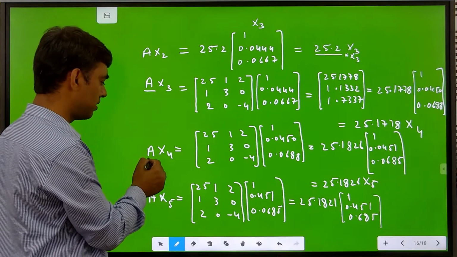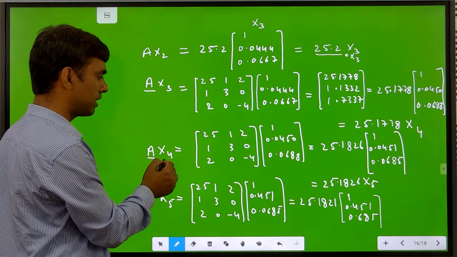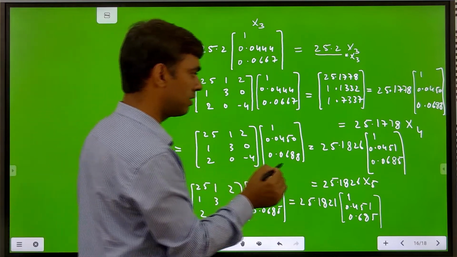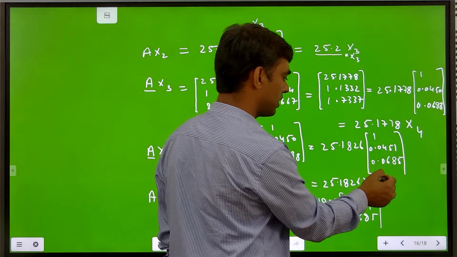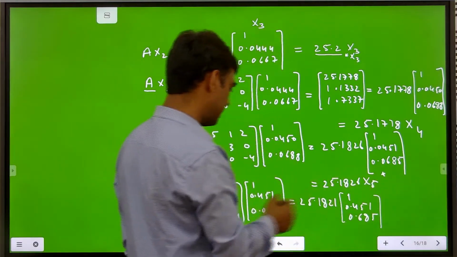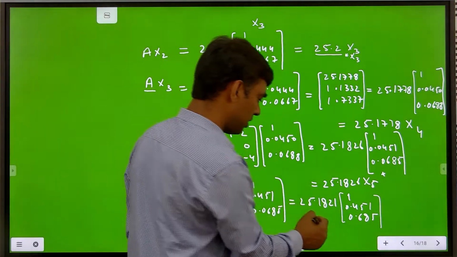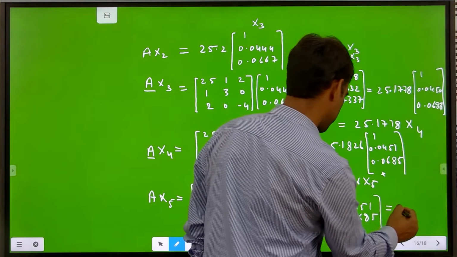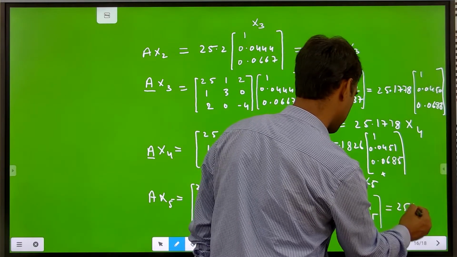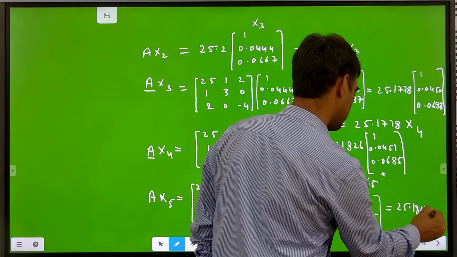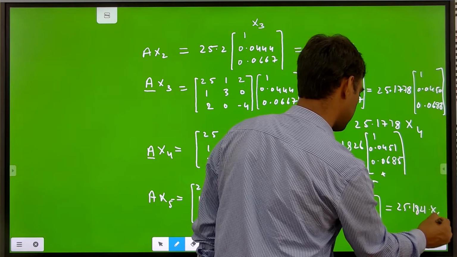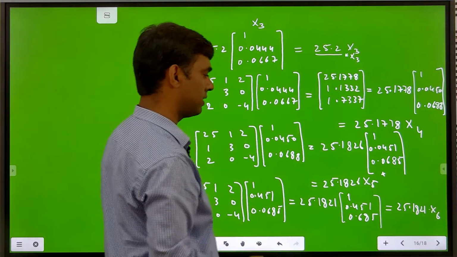Similarly, again we pre-multiply A by the vector x4 and get x5, and if we multiply again we get 25.1821 times x6.